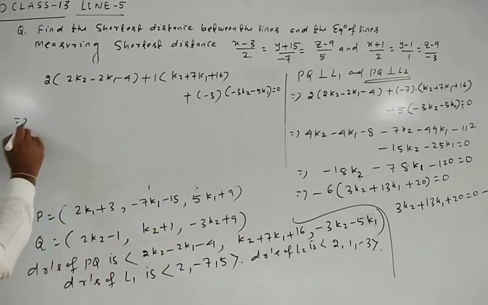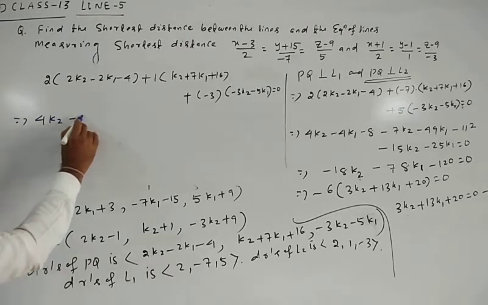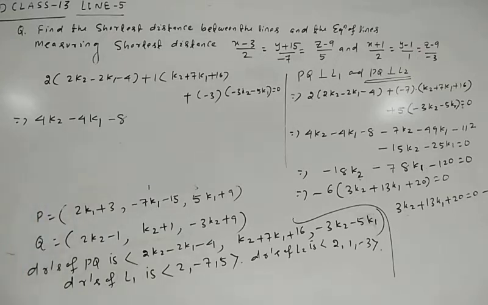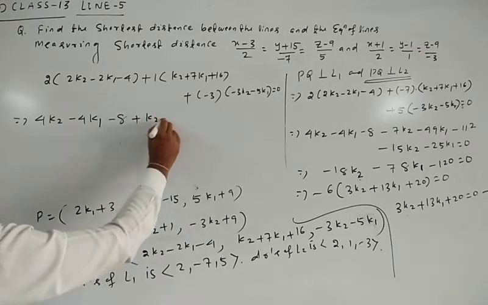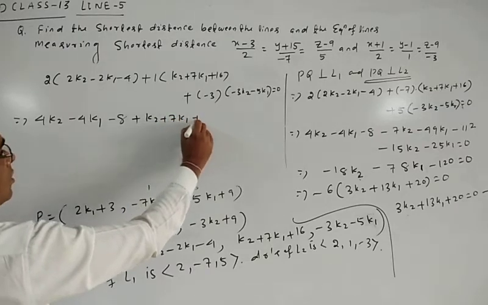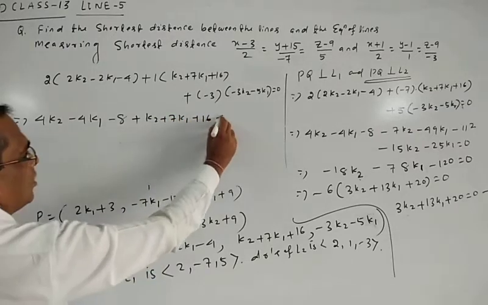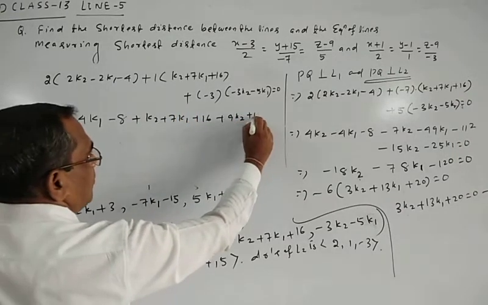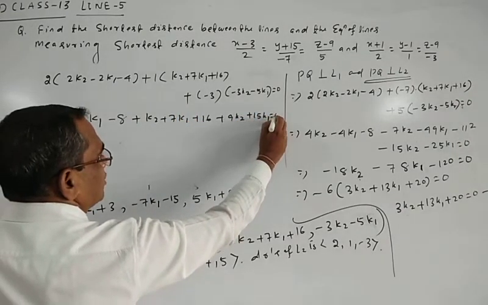So this is equal to 4K2 minus 4K1 minus 8 plus K2 plus 7K1 plus 16 plus 9K2 plus 15K1 is equal to 0.